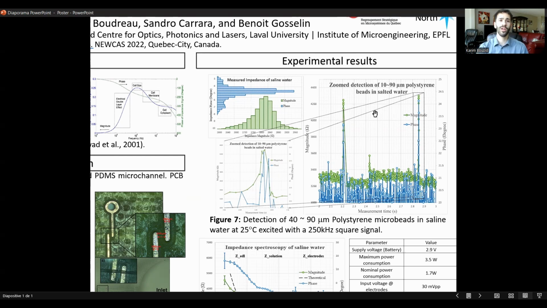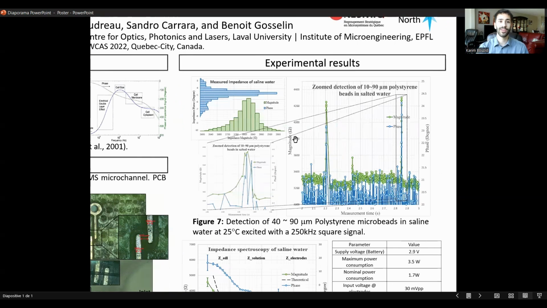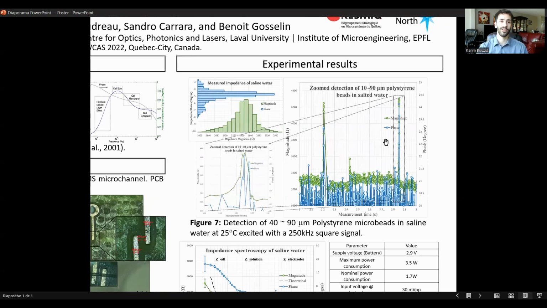The really small one, for example 10 micron, cannot be seen because the impedance variation caused by the bead itself is hidden in the noise of the normal histogram for the nominal value of the saline water. So we can also see that the sensitivity of the detection is optimal for beads that are of similar size to the channel width.